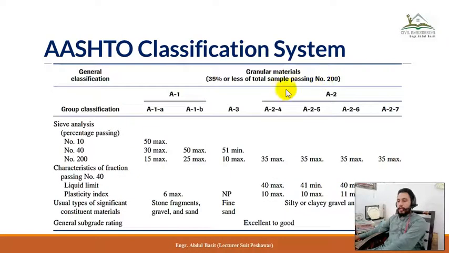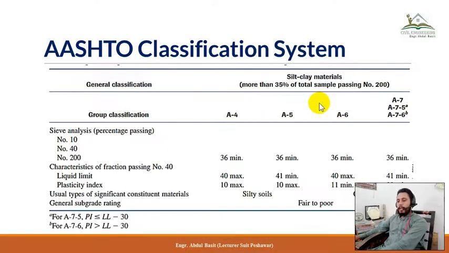The condition for granular material is 35% or less of the total sample passing through the number 200 sieve. In all these columns the maximum limit is 15, 25, so none of these is greater than 35%. In this table we classify the soil into A1, A2 and A3 groups, and then we have the subgroups available here.